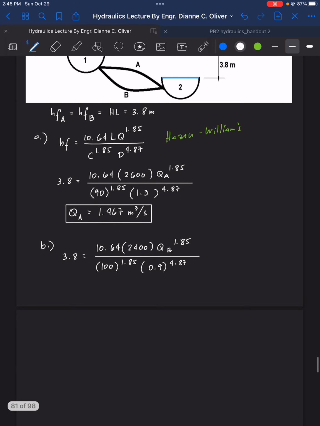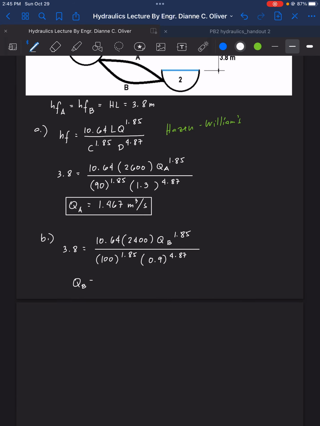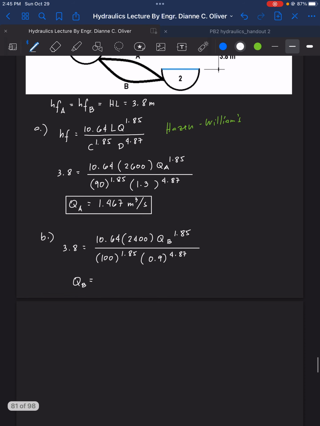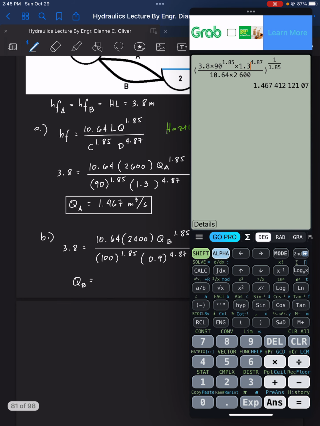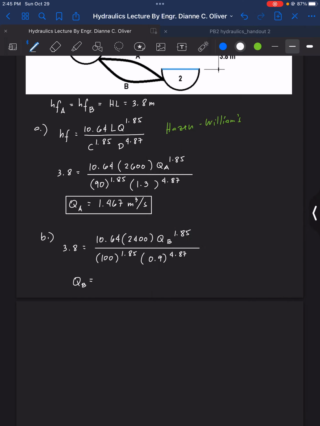So we now have the value for QB as 0.647 cubic meter per second.